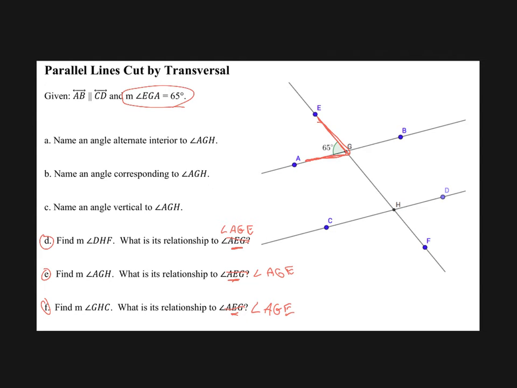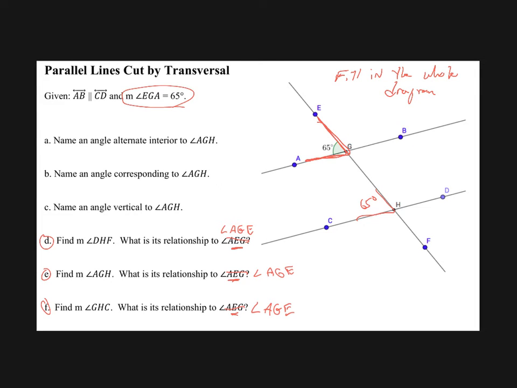Keep in mind that 65 degrees is in several places in this diagram, and then there's one other distinct angle measure. So I would fill in the whole diagram. I know that this is also 65 degrees, and it goes elsewhere in the diagram.